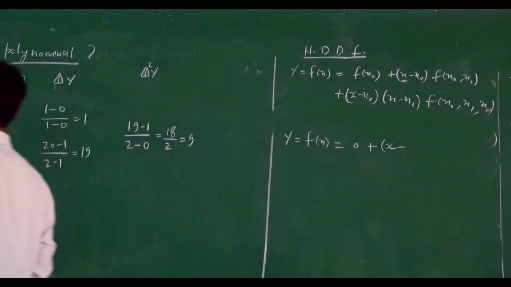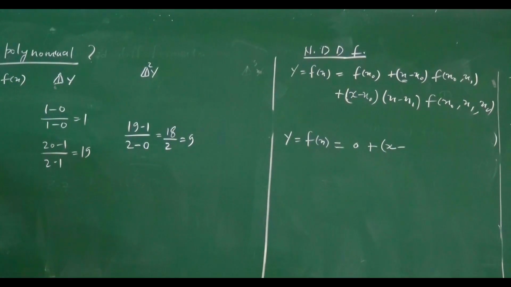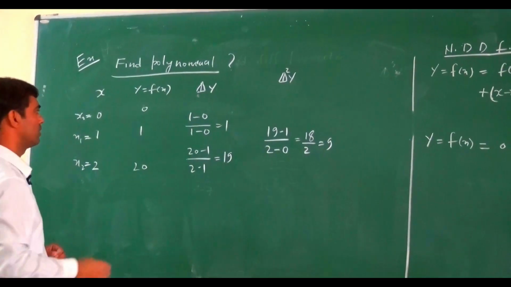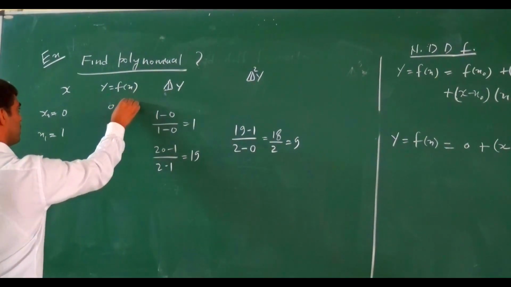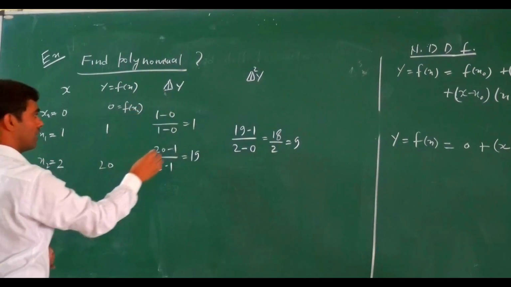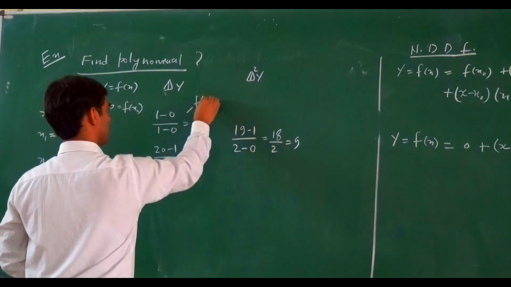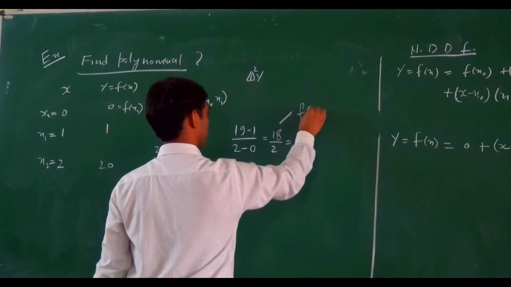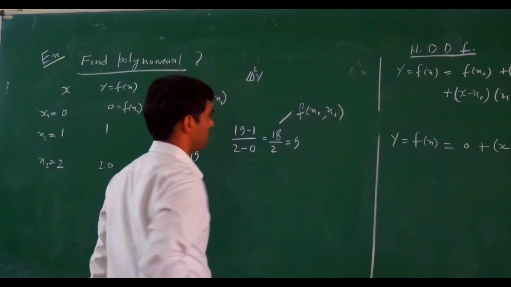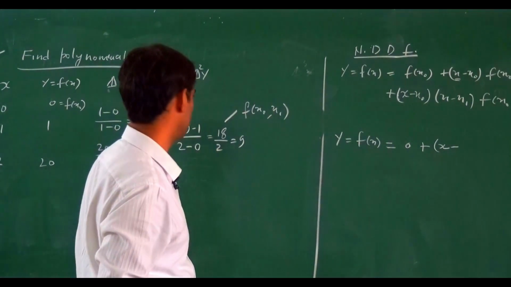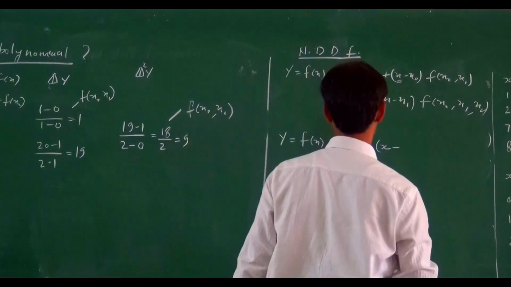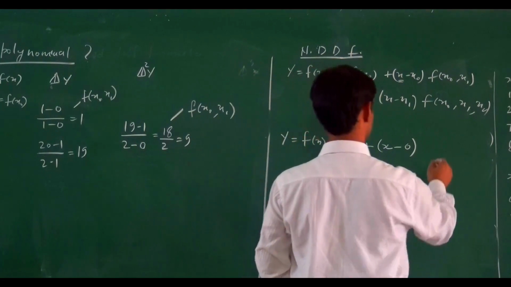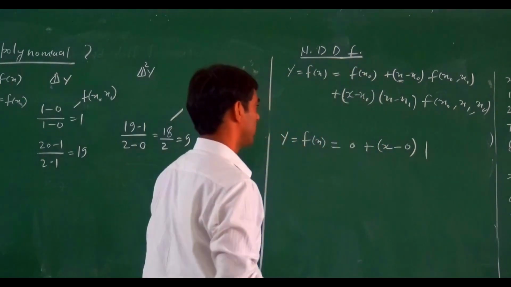We write here x0, x1, x2, then f of x0, f of x0, x1, and f of x0, x1, x2. Now simply put the values over here. x minus x0, with x0 being 0, times f of x0, x1, which is 1.